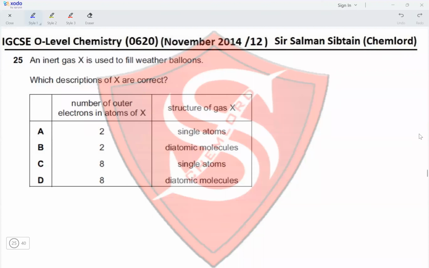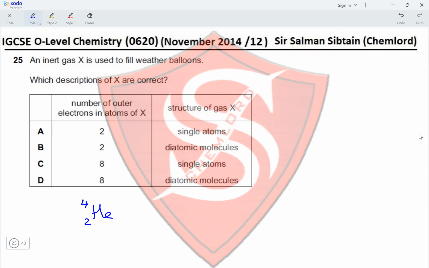Question 25. An inert gas X is used to fill weather balloons. Which descriptions of X are correct? Number of outer electrons in atoms of X. So the number of outer electrons would be 2 because this gas is supposed to be Helium. Helium has a proton number of 2 and a nucleon number of 4.